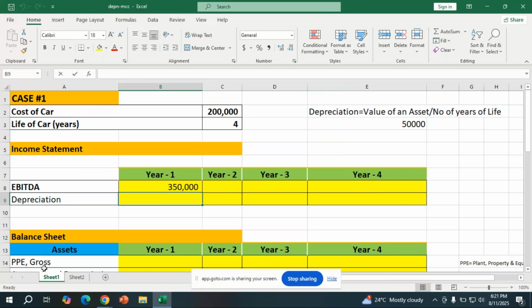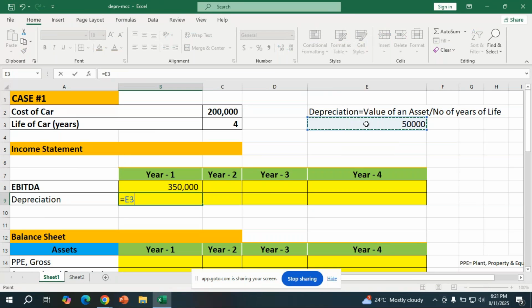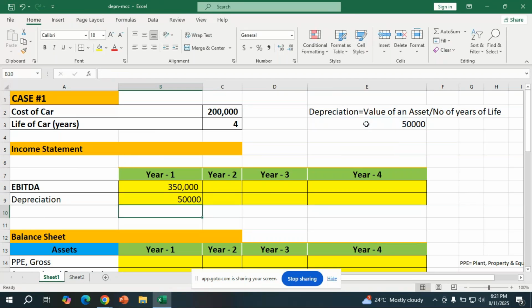So this depreciation you will put in year one, equals 50,000. Then for year two, how do you calculate it?